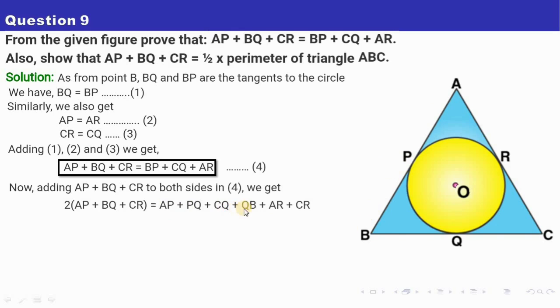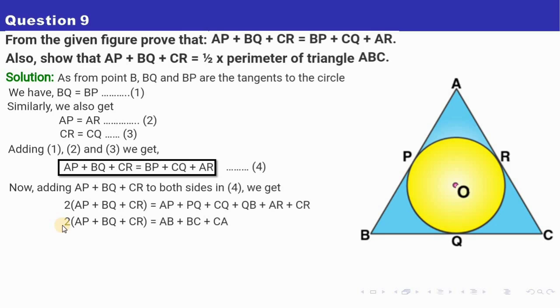Similarly, we have CQ plus BQ. So CQ is this and BQ is this. So when you add them, you'll get BC. Okay, and similarly you have AR and CR. So AR plus CR gives you AC. So this is AB, as I said, right? So this is my BC and this is my CA. So we get AB plus BC plus CA, right?